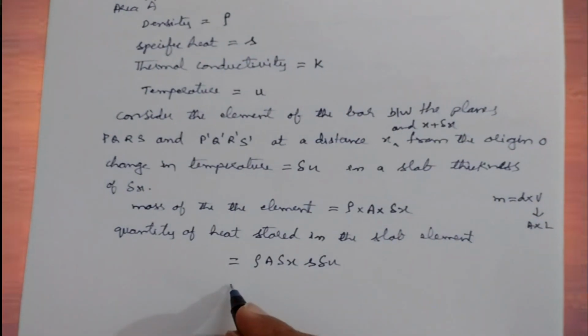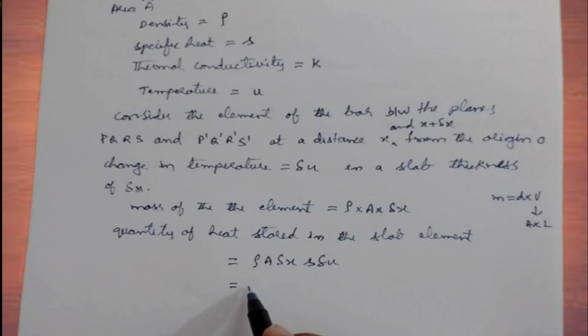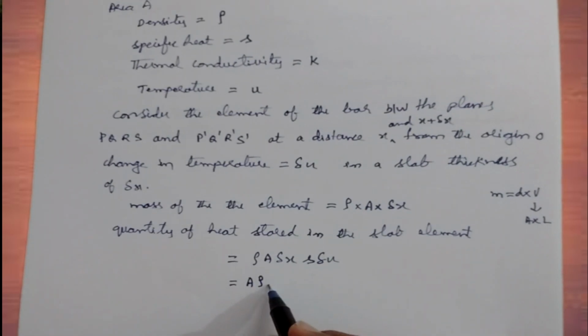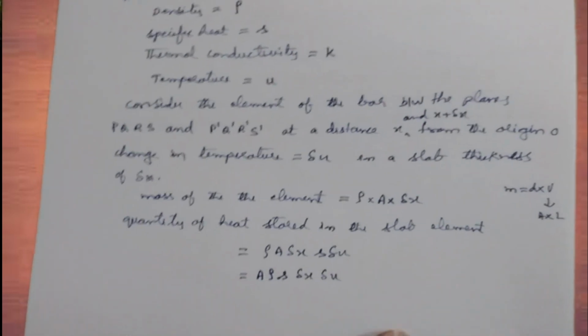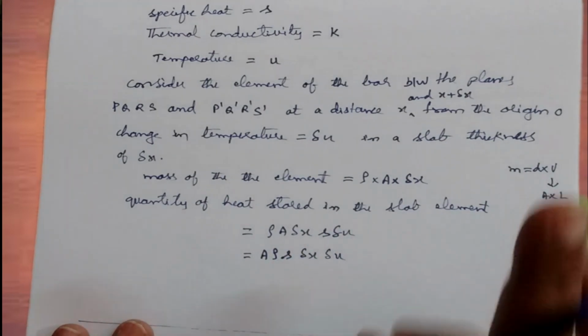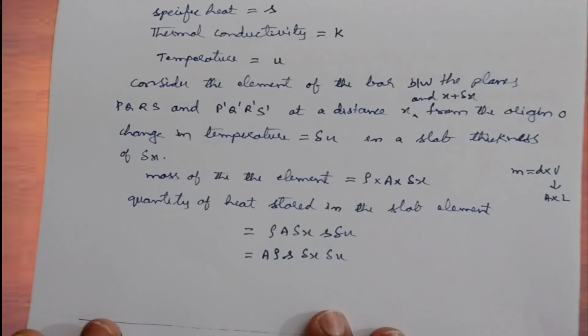Let me rewrite this expression as A rho S delta x into delta U. This represents the quantity of heat stored in the rectangular slab.